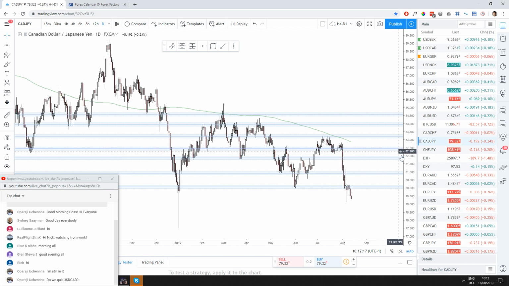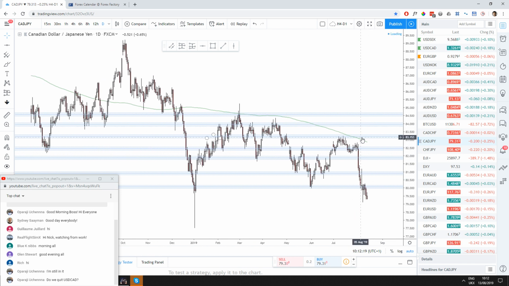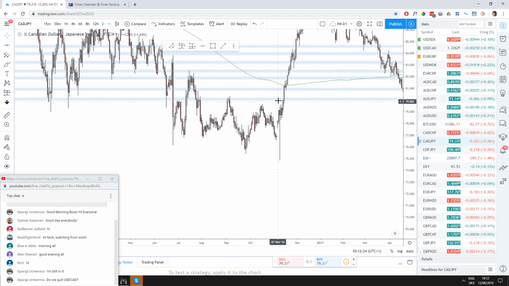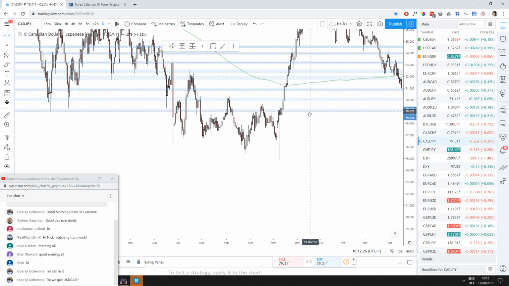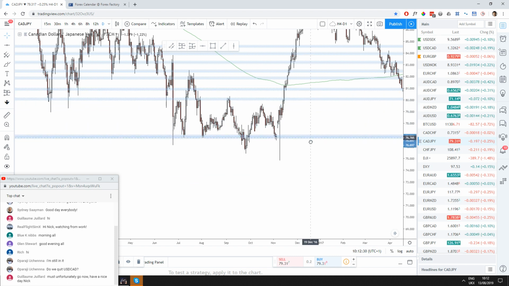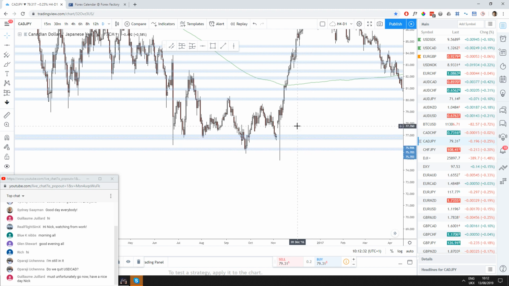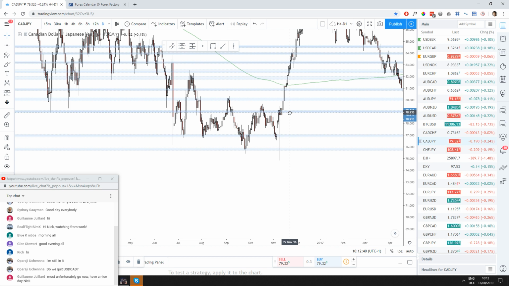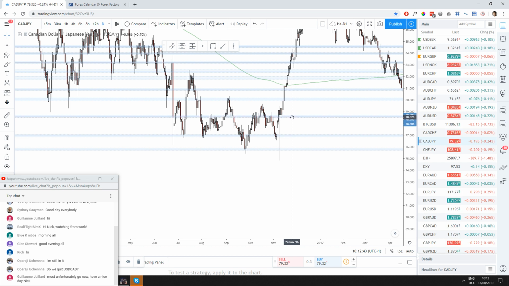I'm not seeing anything so far. It's a pretty slow start to the week. Not crazy about this support resistance area.